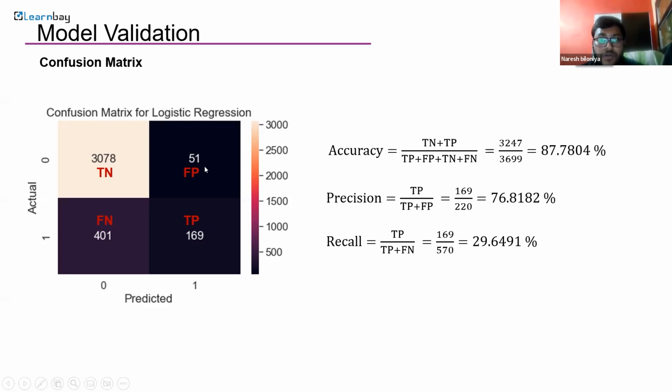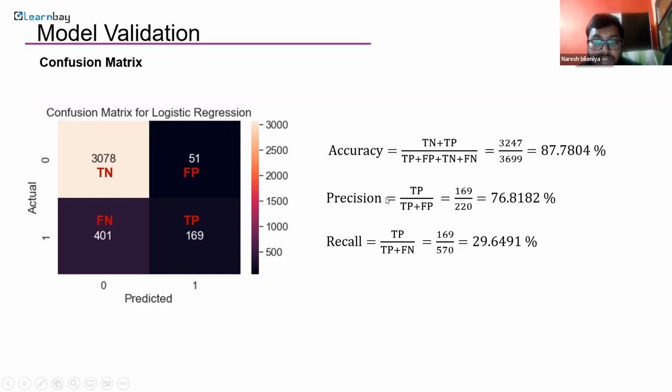So we sum 3078 and 169, getting 3247, and divide by the summation of all four numbers. So we are getting an accuracy of 87.78%.